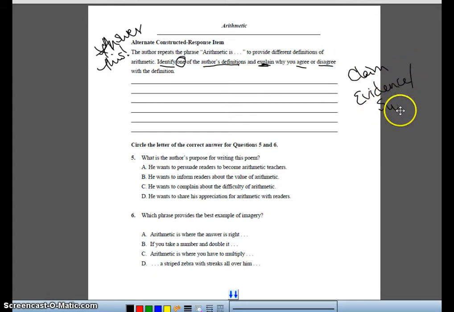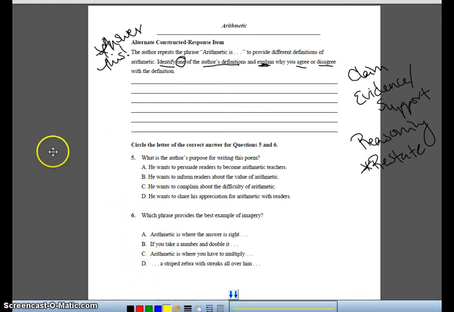and add in my own reasoning. As always, with all of these questions, please, please, please restate. Okay? Then when you're looking at multiple choice questions, well, we're looking at 5 and 6.